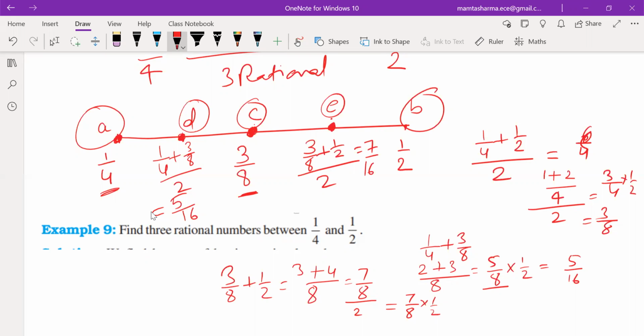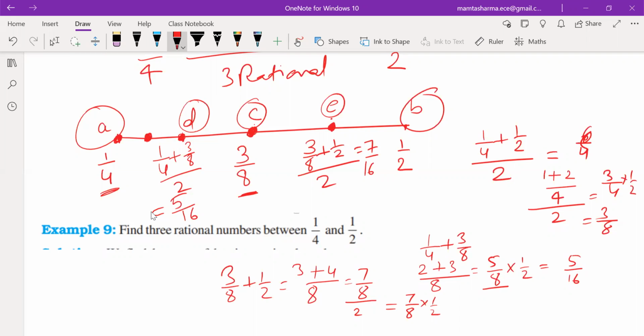If they ask to find out 5 numbers, then how will you extend this formula? How will you extend this question for getting 5 numbers? Actually, now we can apply the mean method and find the middle number of these two numbers.